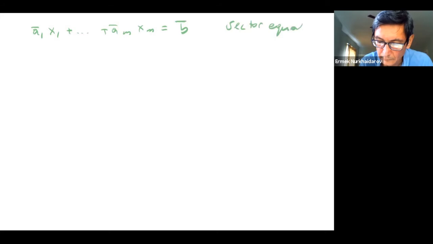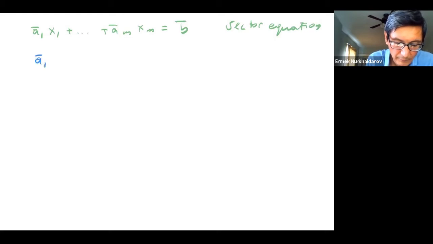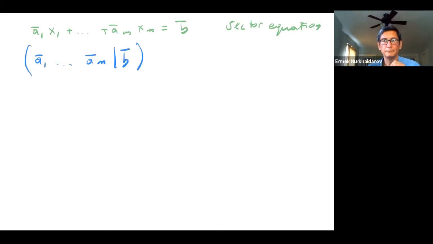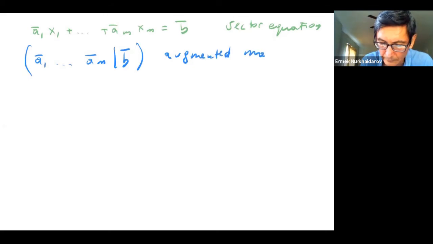And the corresponding augmented matrix looks like a1, ..., am, b. Okay, that's the augmented matrix. And the solution of the vector equation and the solution of the augmented matrix will be equivalent, right?